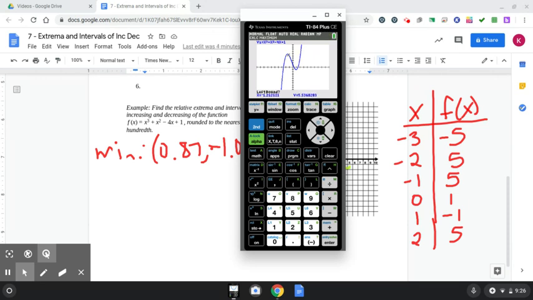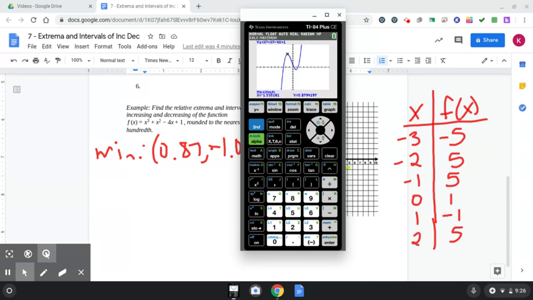And I need to be on the left side of the point. So right now I'm pretty much on the point. I'm going to move it over even more to the left. Press enter. Then it's going to say right bound, so I move my cursor to the right. Right side of the point. Press enter. Guess. Enter.